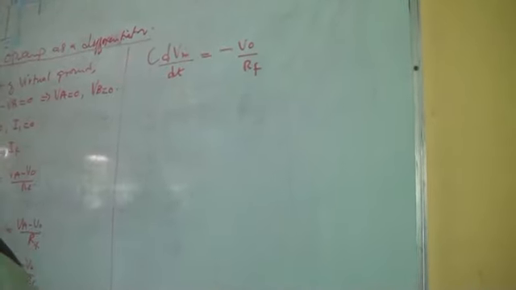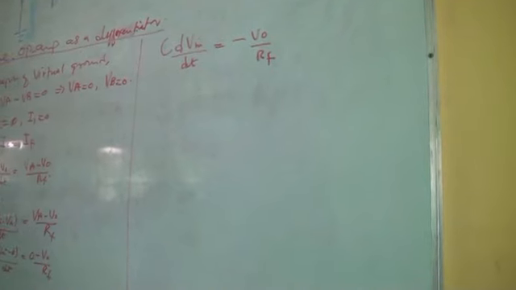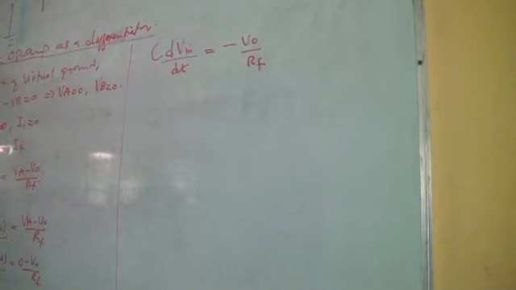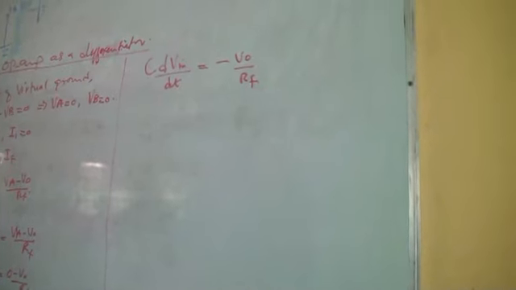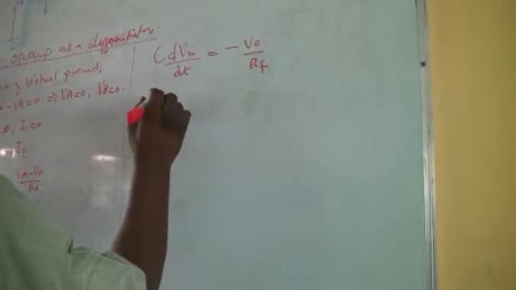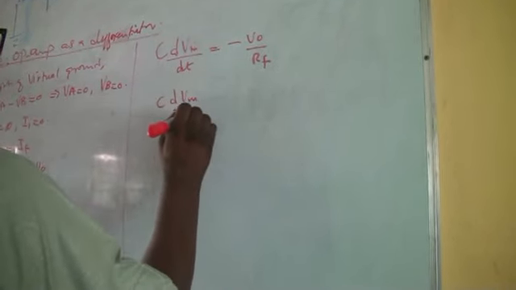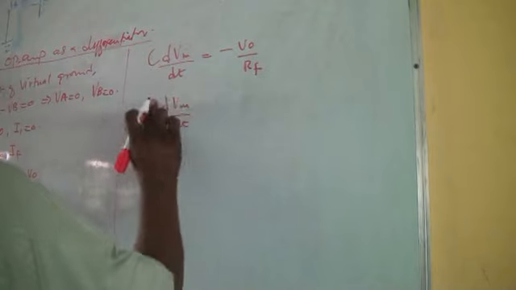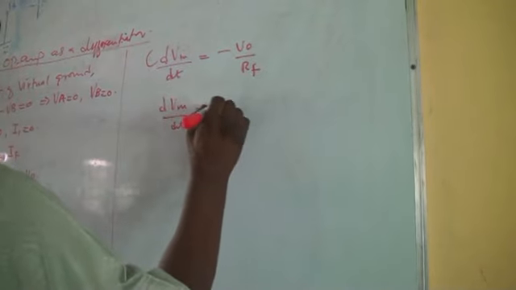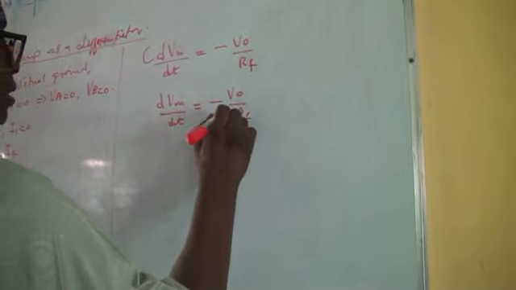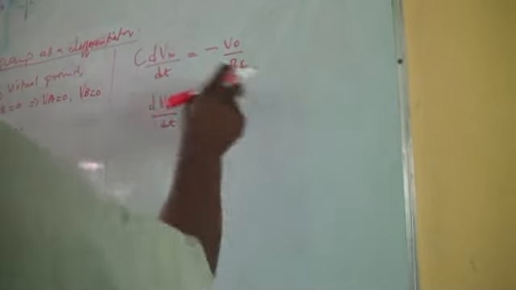If you have this kind of relationship existing, first of all, we would like to look at something very fundamental here. If I said C dV in over dt equals minus V naught over CRF, maybe this one goes to the other side.